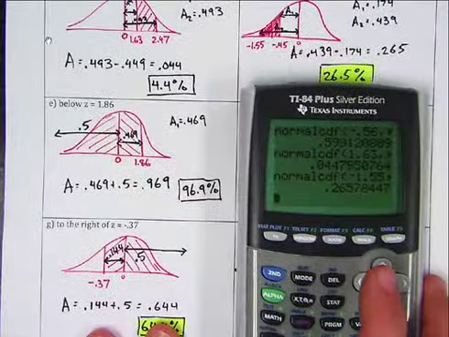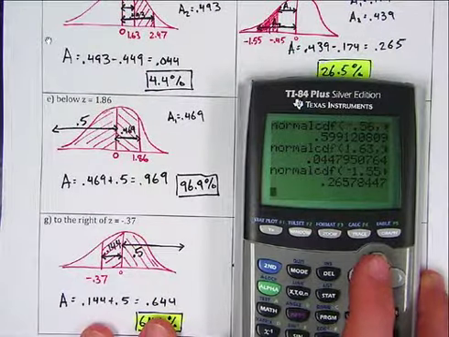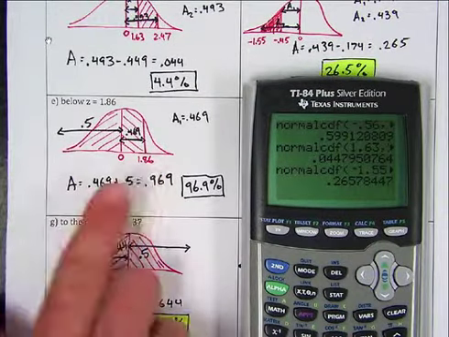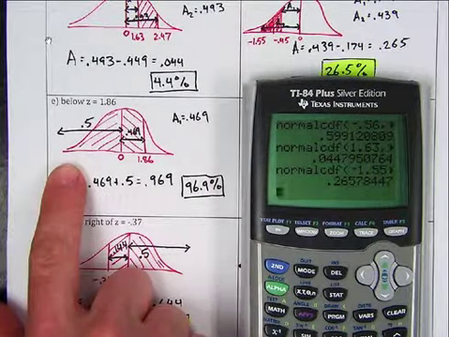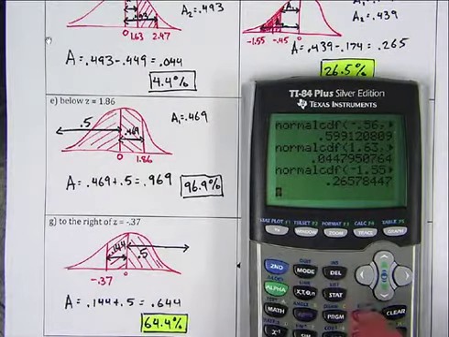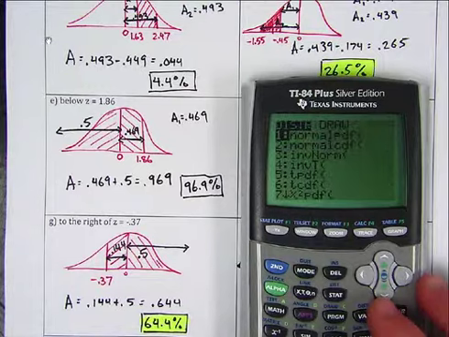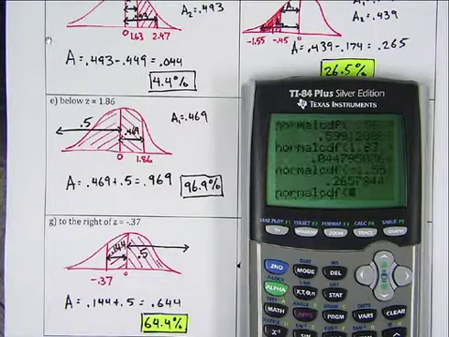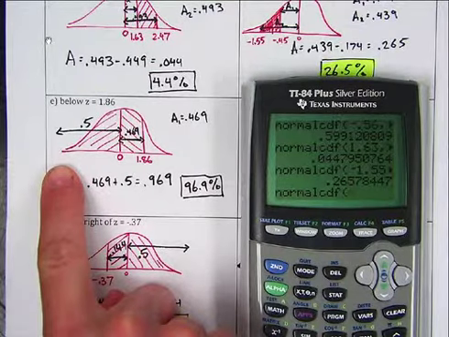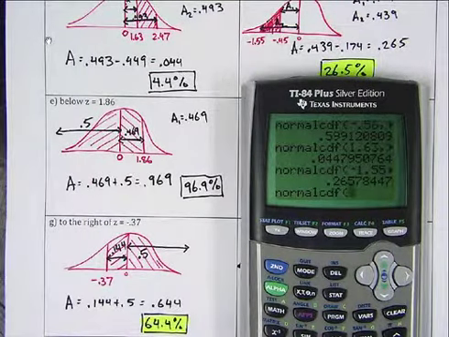Now for our next one, we have to trick the calculator a little bit because we're not going between two z-scores, we're just going to the left of one z-score. So in this case, when we hit second DISTR, normal CDF, what we're going to use on the left is we're just going to pick something way to the left.